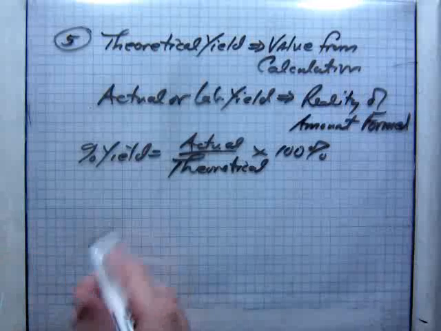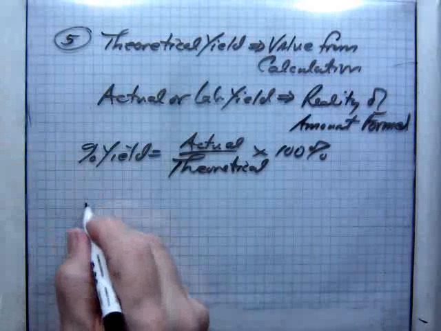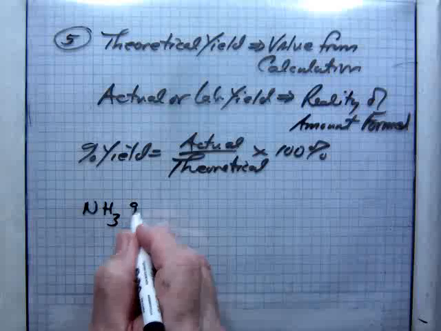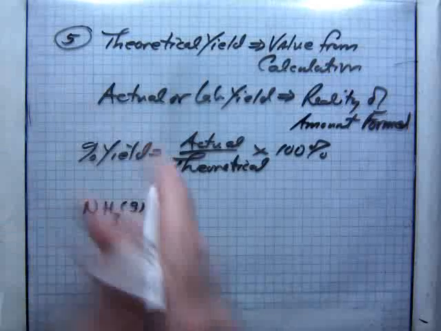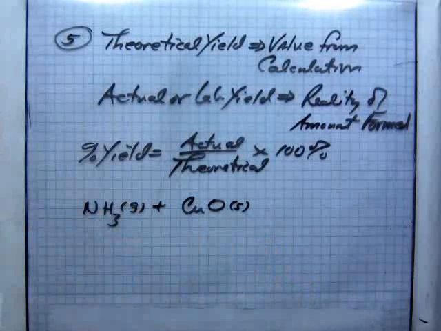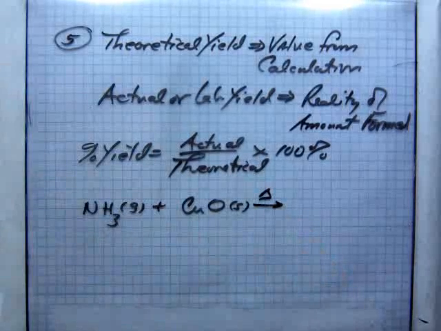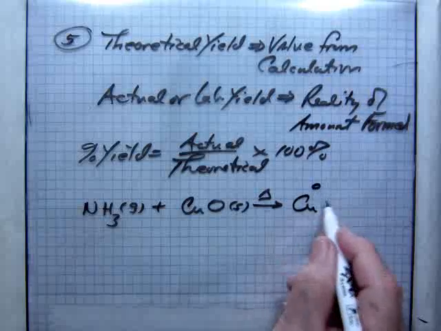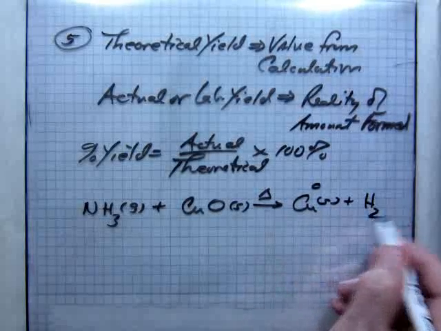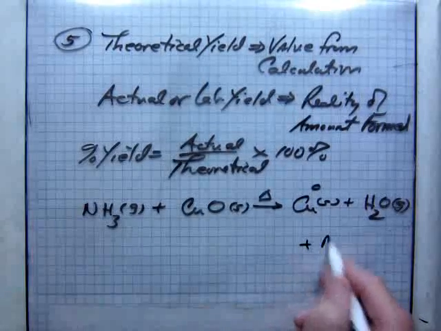Okay, so let's get our equation written first. Nitrogen gas can be prepared by passing gaseous ammonia, and we'll start with NH3 gas over copper oxide at high temperatures to produce copper and water vapor. Oh, forgot plus N2 gas.